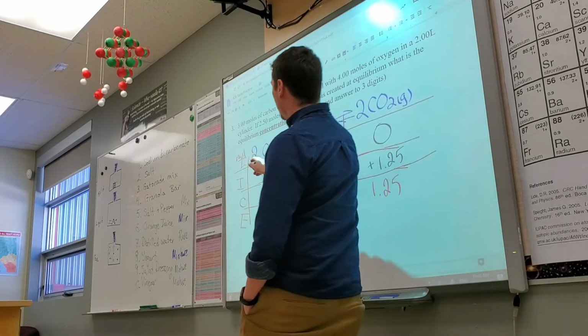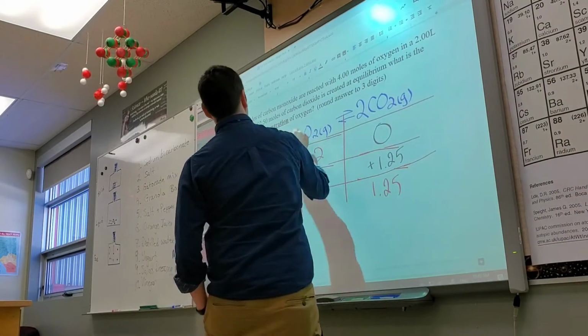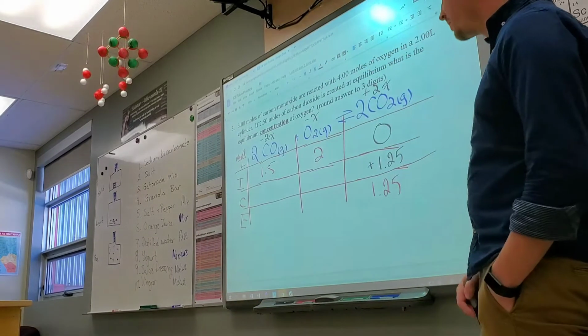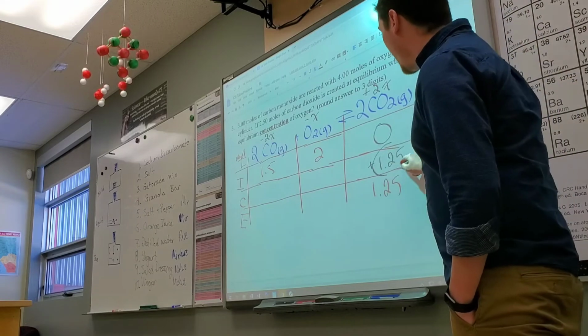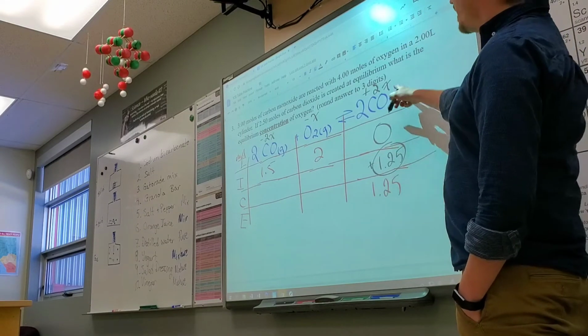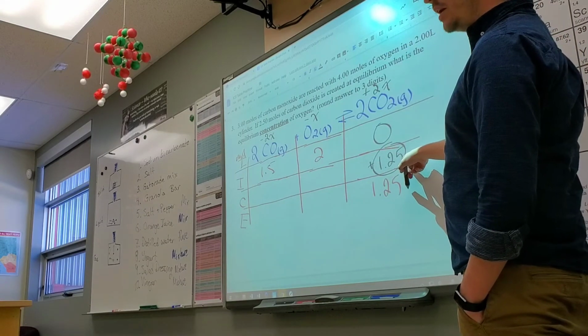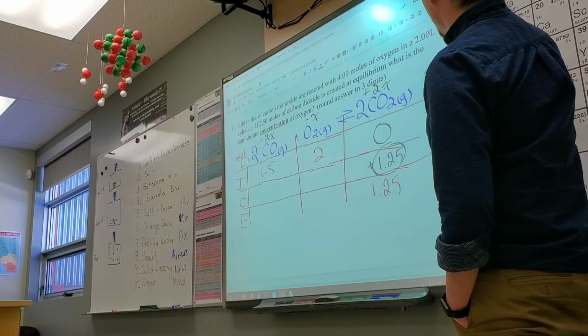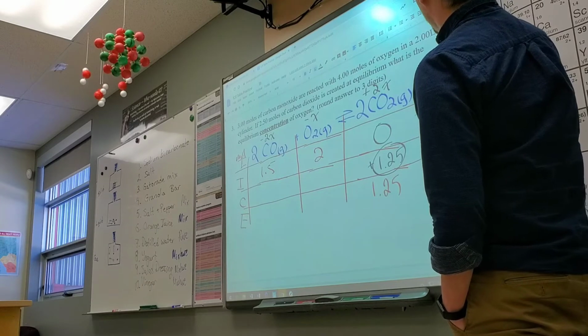And up here, I would always like us to put what the changes in general should be. So I'll take this value, and in order to get my x, what should I divide that by? I'll divide it by 2 in order to get my x. So my x is 0.625.